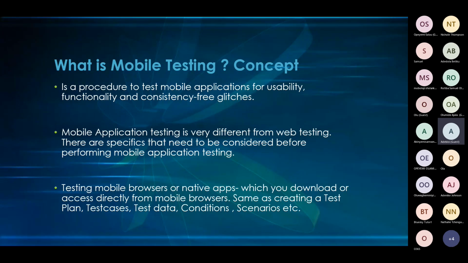Usability, in the sense of the size, the shape, the screen, and everything like that. How would our users feel about the easy way to navigate from one page to another?